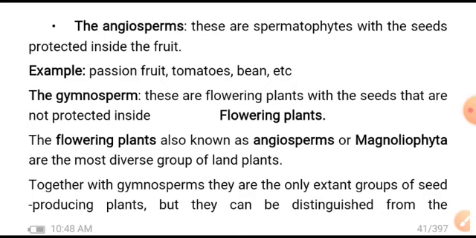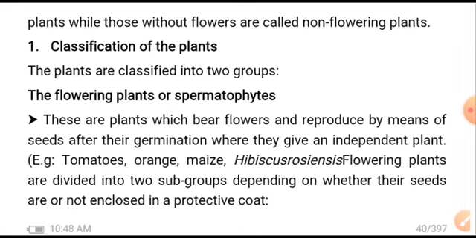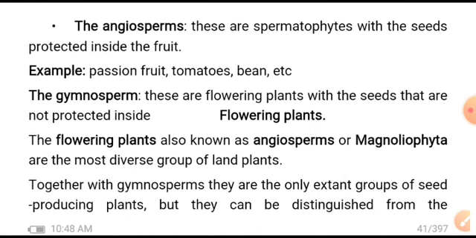These are spermatophytes whose seeds are protected inside the fruits. The first subgroup is the angiosperm. Angiosperms are the flowering plants whose seeds are protected inside the fruits. Examples are passion fruits, tomatoes, beans, and so on.